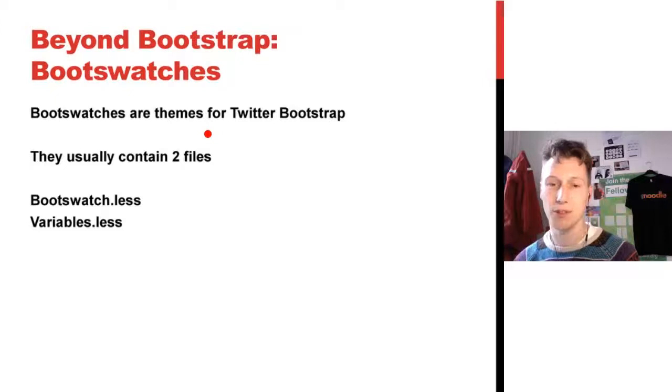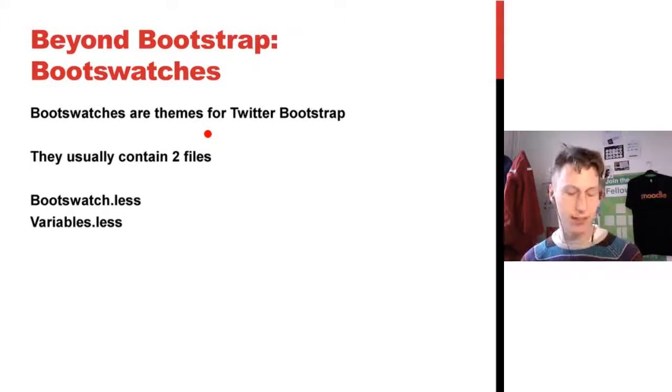And these two files control the way the theme looks. So the bootswatch.less actually contains all the extra CSS you would like to add to the theme. For instance, in Moodle, we have a course overview on the front page, or the course category list, and you could modify that list to have more CSS and to float things differently.